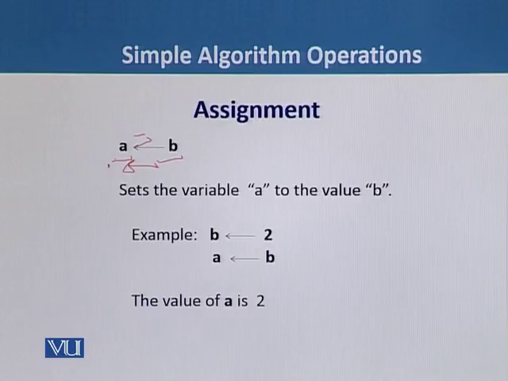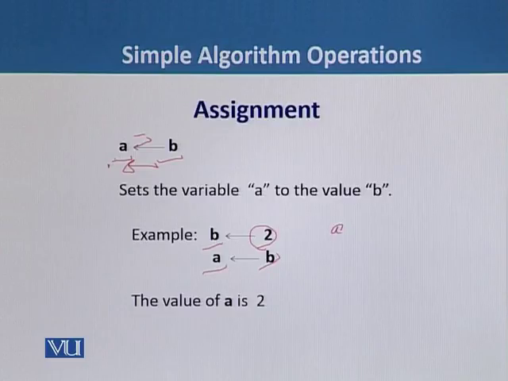So we can take an example of this one. Here we can see that the variable B is set to 2, and in another instruction we set the variable A to B. To understand this, in class 3 or 4 we solved a very simple equation.